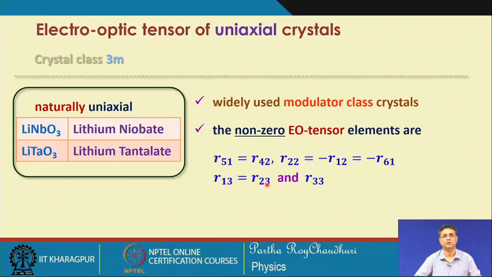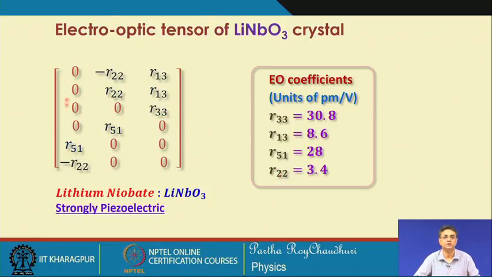So, these are the non-zero elements, but not all of them will be useful, depending on the orientation of the electric field with respect to the crystal axis. So, this is the electro-optic tensor for this lithium niobate crystal, and I should once again mention that this is very strongly piezoelectric.